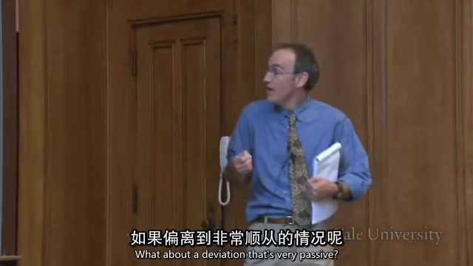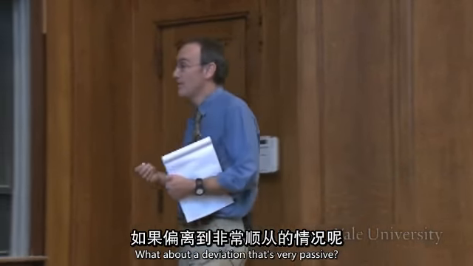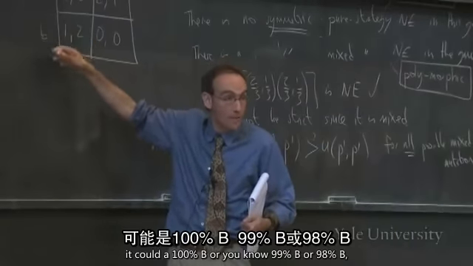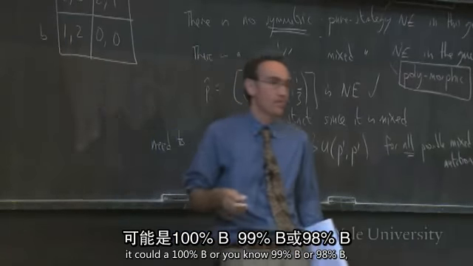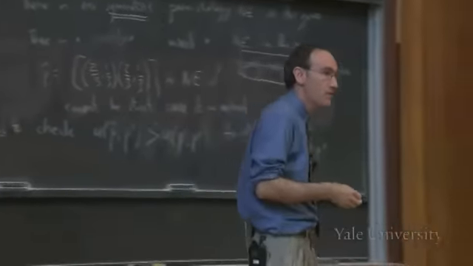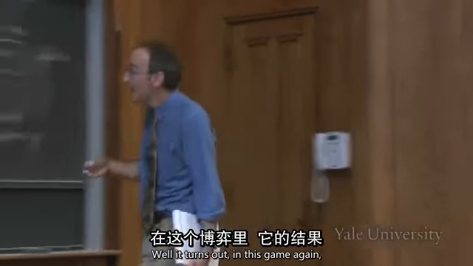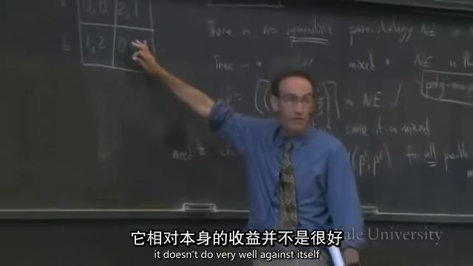What about a deviation that's very passive? So a very nice mutation of very passive types. For example, it could be 100% B, or 99% B, or 98% B. How will that do? Well, it turns out in this game again, it doesn't do very well against itself.